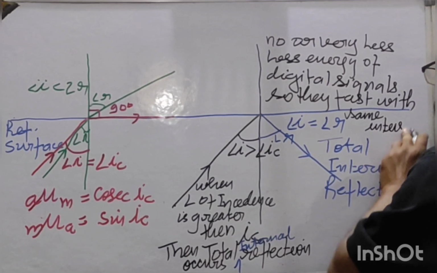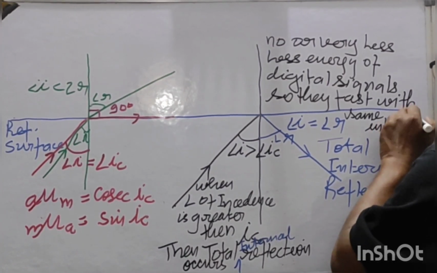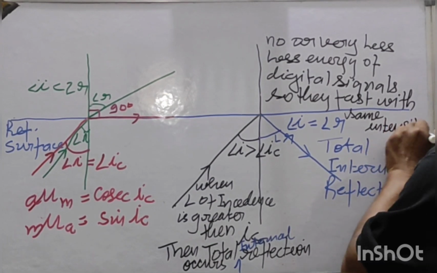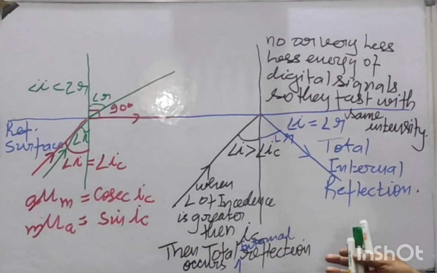This phenomenon we are basically using in telecommunication very much. Optical fibers. So this is total internal reflection we have, right?